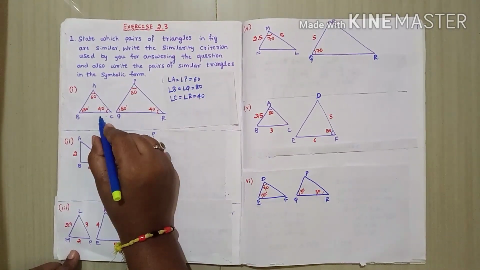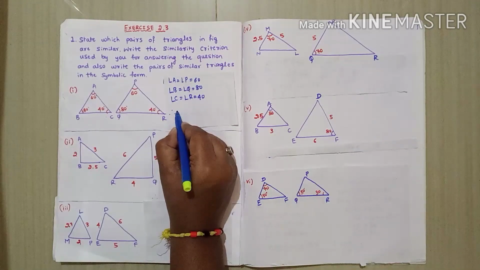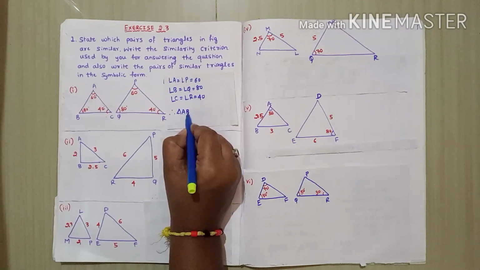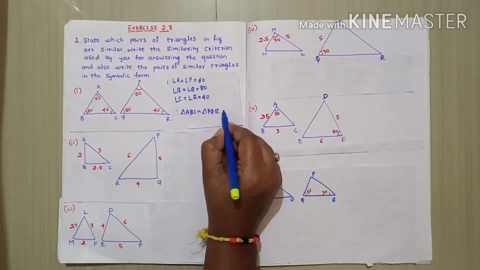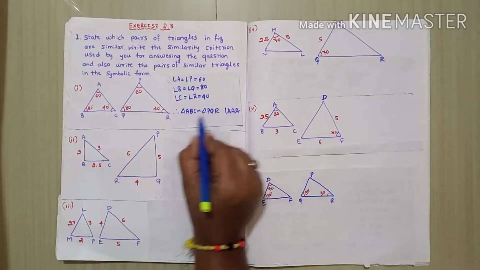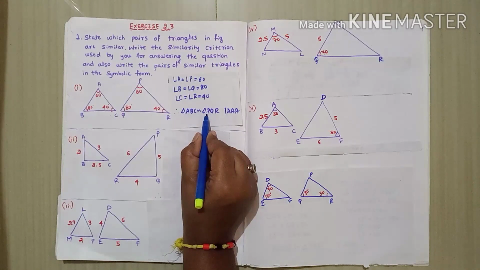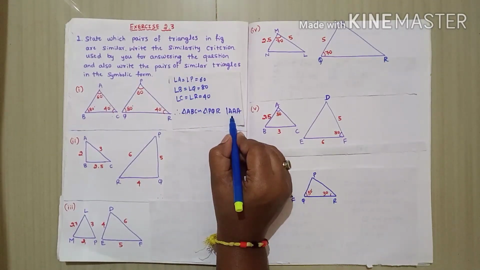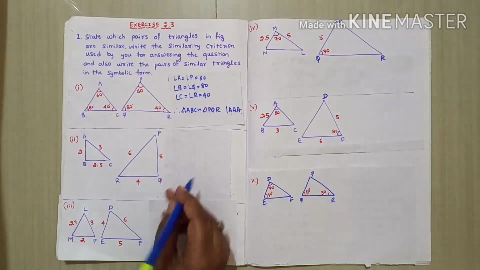All the three angles of one triangle are equal to all the three angles of the other triangle. Therefore, triangle ABC is similar to triangle PQR by AAA criteria. This we represented symbolically here. Triangle ABC is similar to triangle PQR, by AAA criteria. Next, the second sum we'll see now.